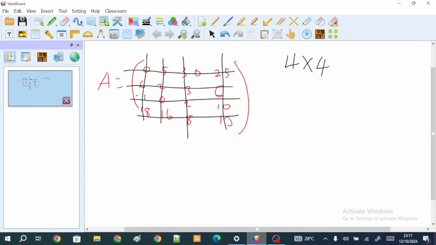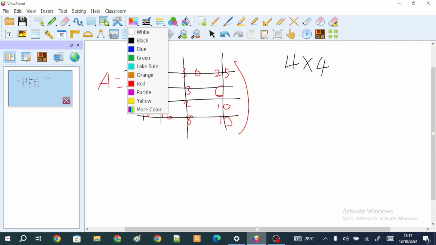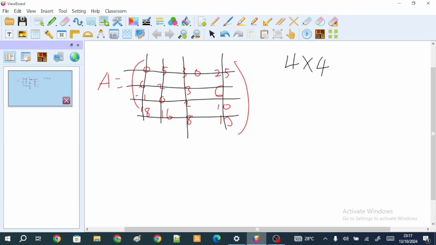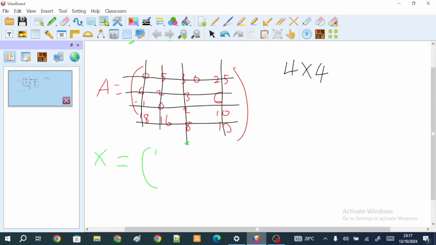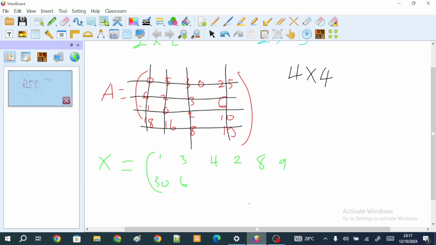Okay, so let's take another exercise. We have matrix X, and in this matrix we have 1, 3, 3, 4, 2, 8, 9, 30, 62, 62, 14, 30, 7, and 4.